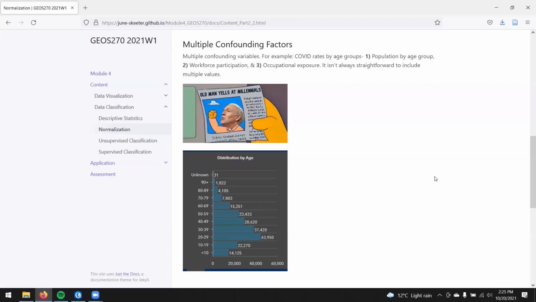A lot of the younger people are in the medical profession, nurses, and things like that, right? And so this is more meant to just highlight the fact that it's important to think about these confounding factors, not that you can necessarily always take them into account just numerically, but it's an important thing to think through logically as well.